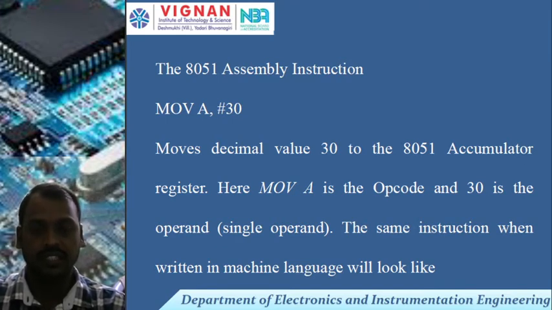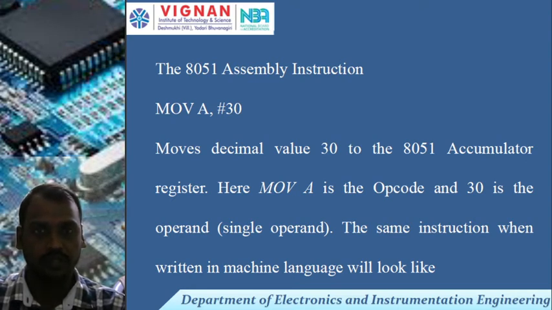Here we are writing in assembly language using the 8051 microcontroller. Move a comma hash 30: the value 30 is loaded into the accumulator, but the processor only understands machine language, that is ones and zeros. Here move a is the opcode and 30 is the operand. Opcode means operation code, so the processor or controller can understand what operation we have to do.